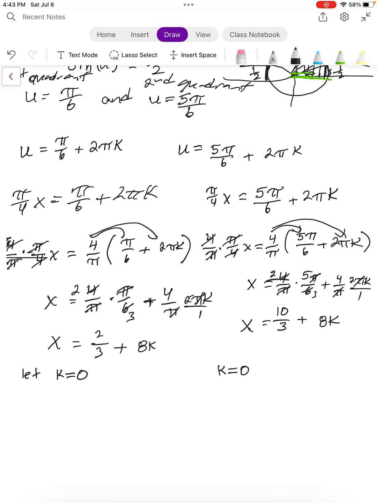Then we get 8 times 0, which is 0, so we get 10/3. The same thing over here: it's 2/3 plus 8 times 0, so it's just 2/3.